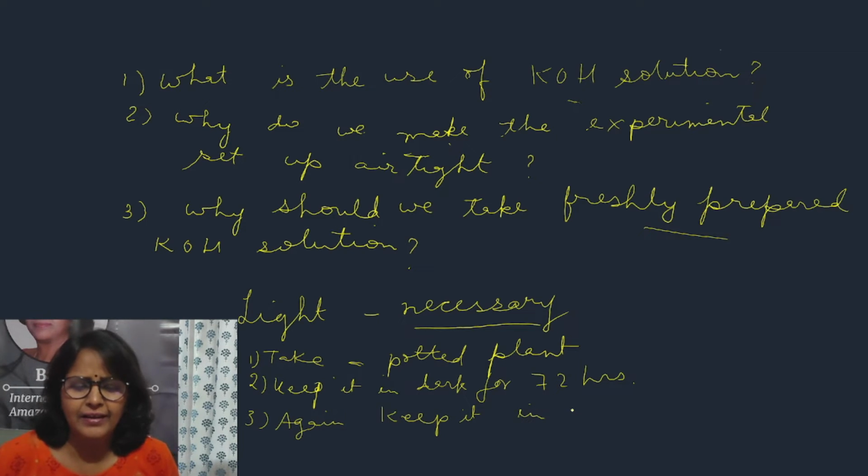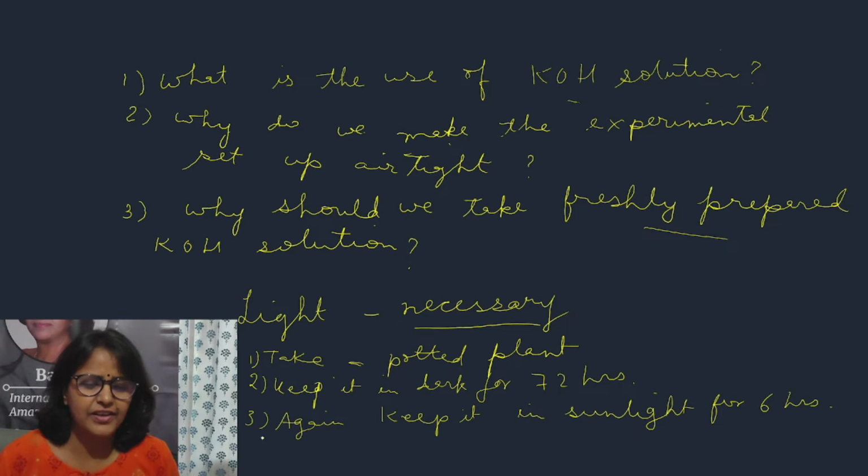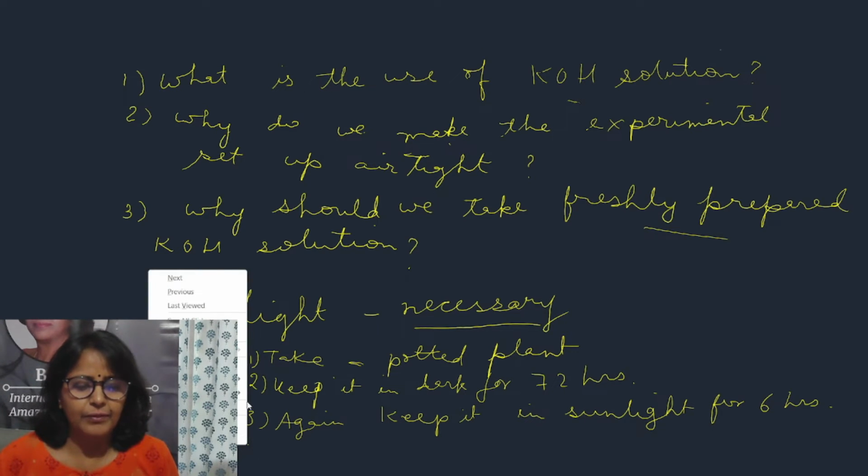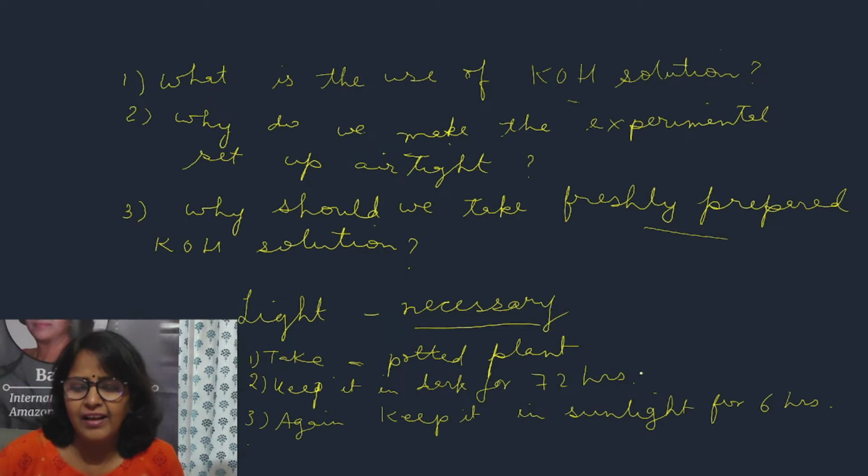What will happen? Photosynthesis begins. Starch has formed. But before keeping it in sunlight, because we are showing that light is necessary for photosynthesis, we have one more step, which will become number 4.